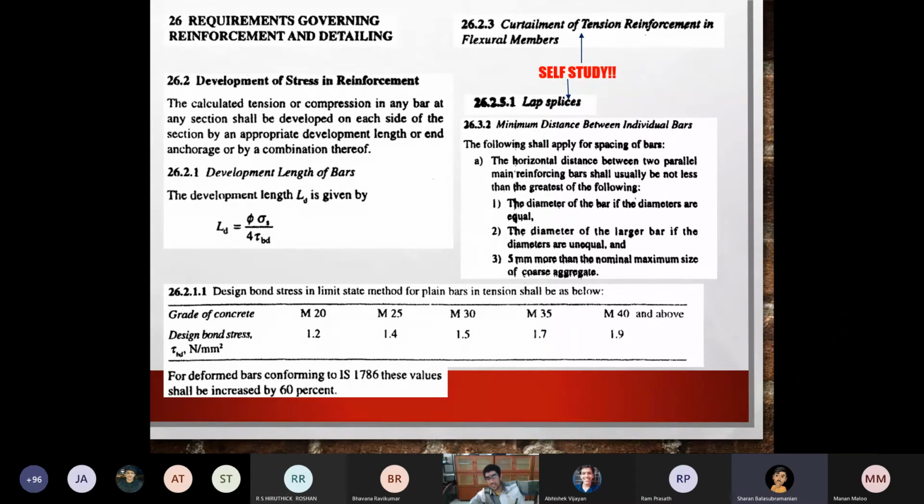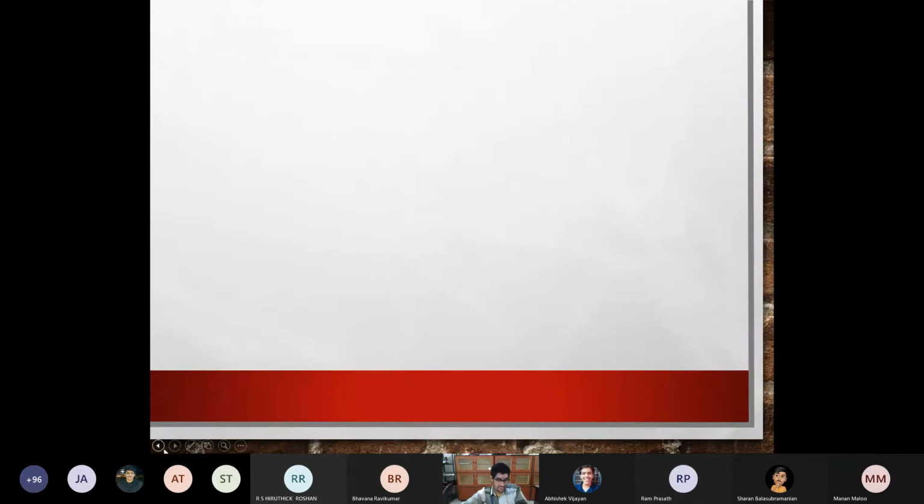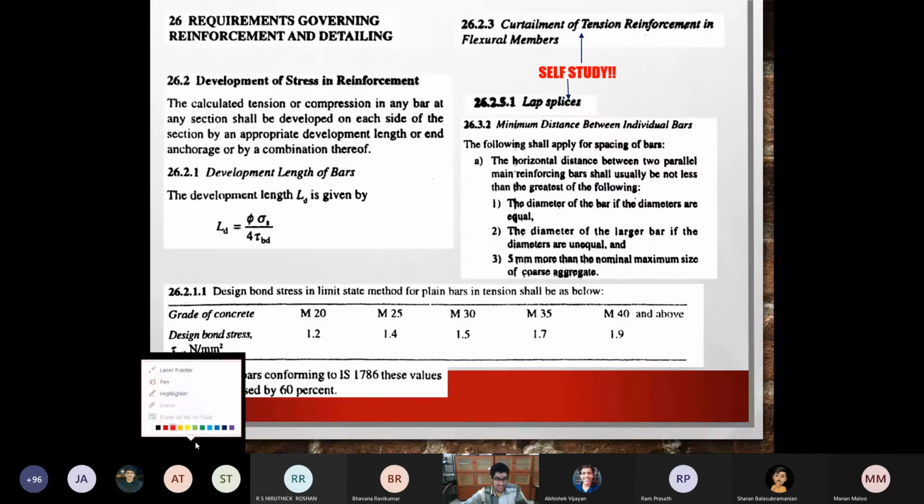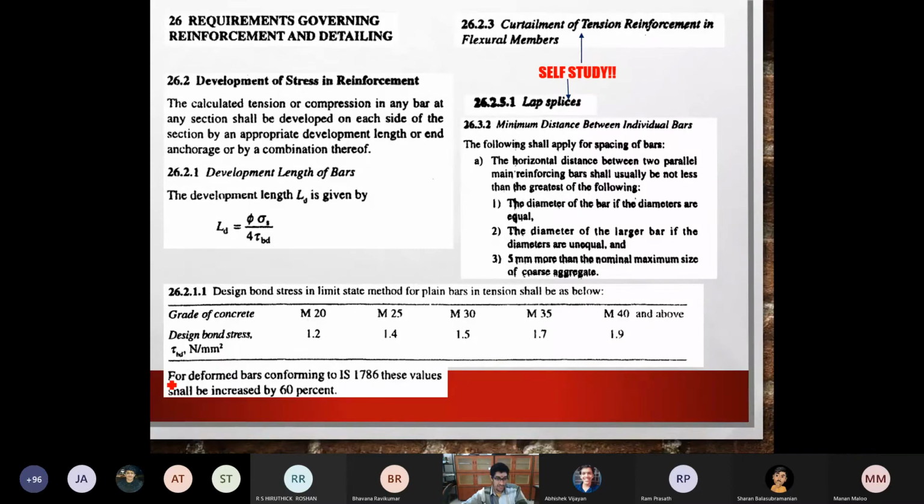So basically, sometimes what happens is, for example, you have a simply supported beam with a centrally concentrated load. Where is the bending moment maximum in a simply supported beam with concentrated load?